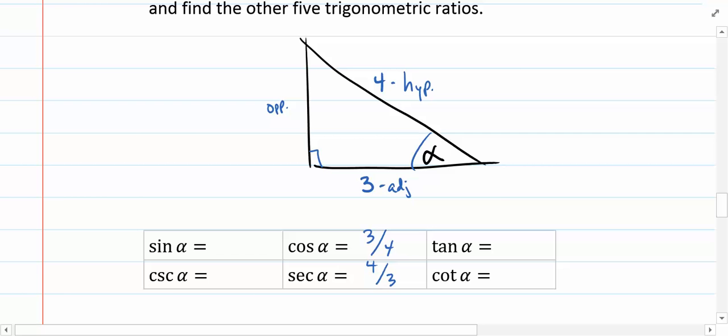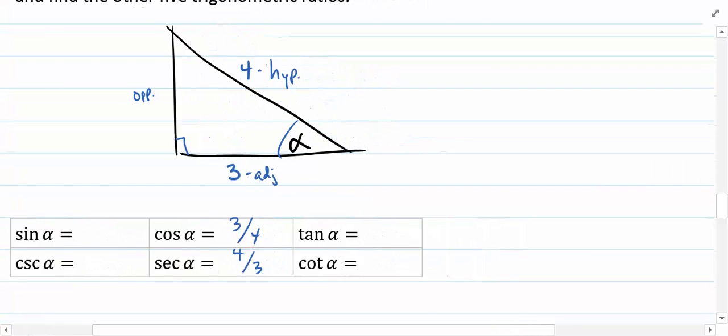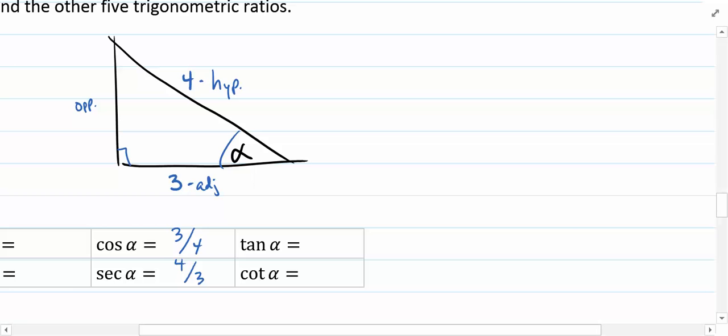Now the problem is we don't know what our opposite side length is. And in order to find that, we have to rely on yet another function associated with right triangles, and that's the Pythagorean theorem. The equation is a squared plus b squared equals c squared. This says that the squares of the two right triangle legs add up to the hypotenuse length squared.